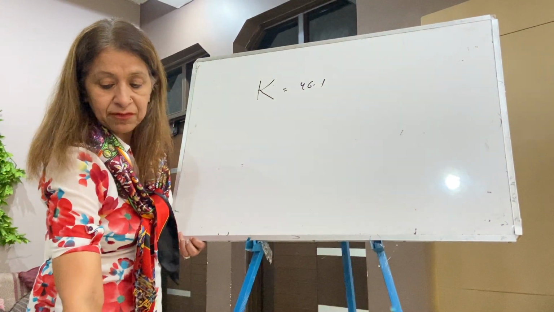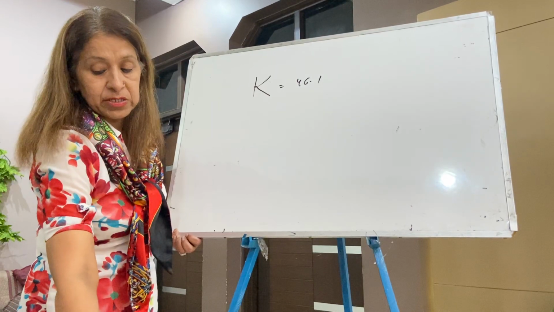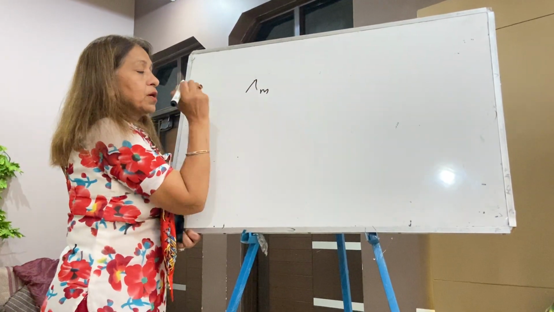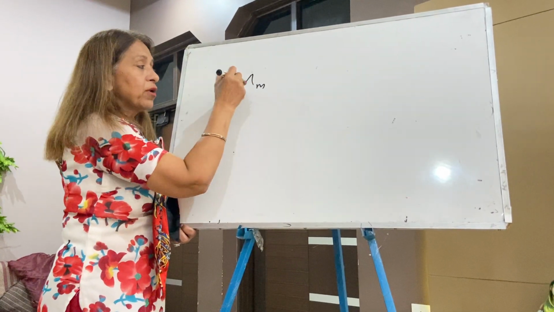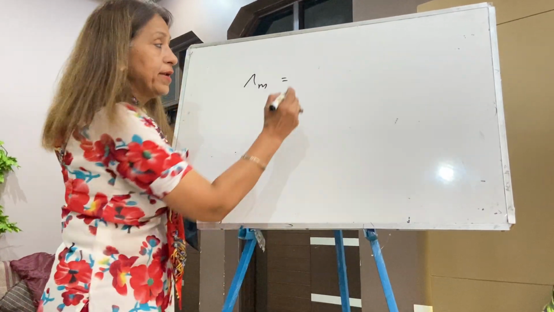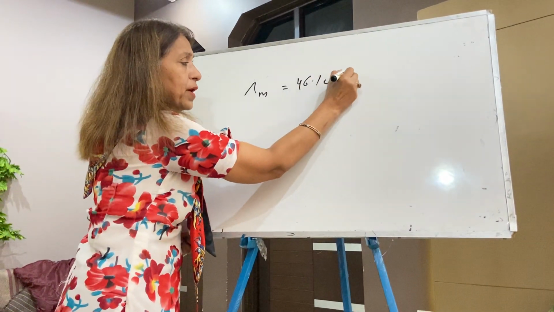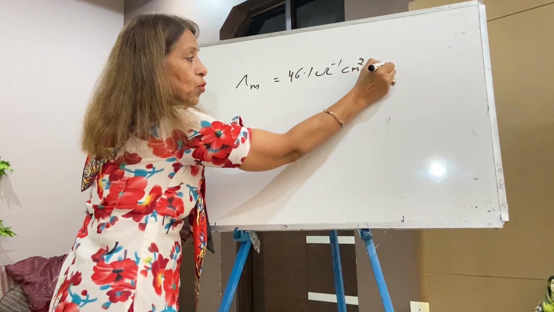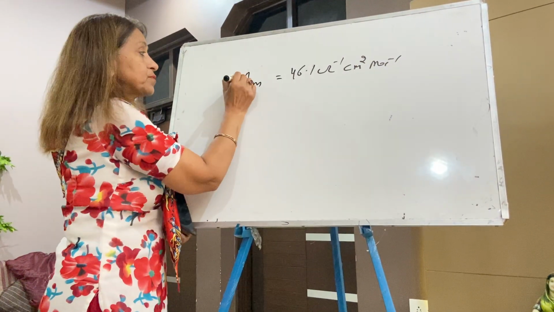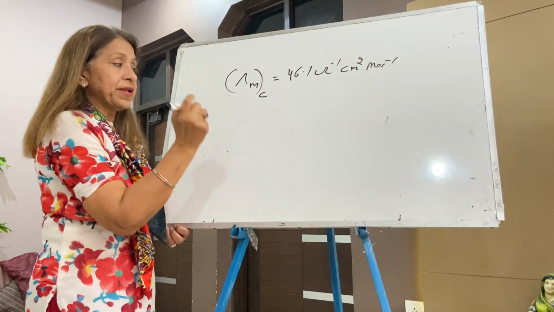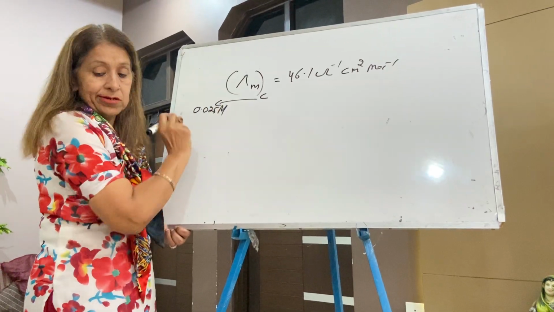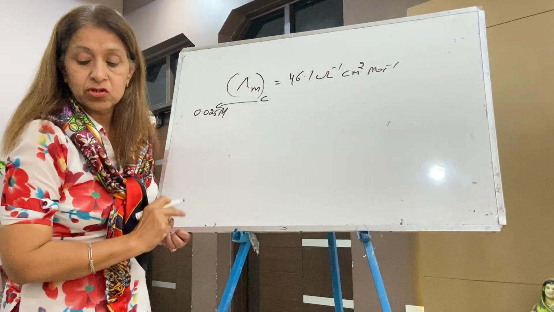Conductivity is not given, molar conductivity is given, which means lambda naught. Molar conductivity at a particular concentration is given, 46.1, and you can identify from the unit, per ohm centimeter square per mole, right? This is given at a particular concentration, 0.025 mole per liter.